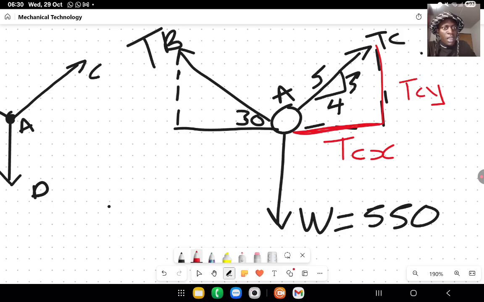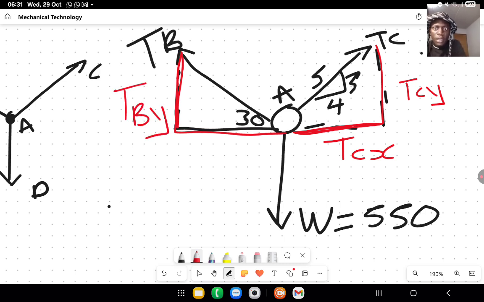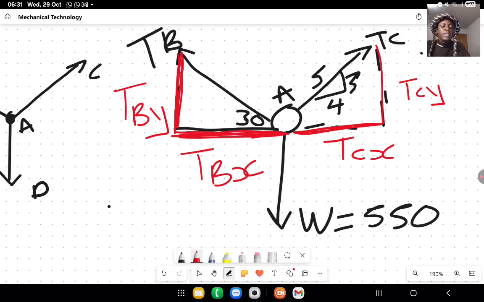This is on the X axis, this is on the Y axis. On this side we are doing the same: here is TBY and here is TBX, one on the Y axis and one on the X axis.